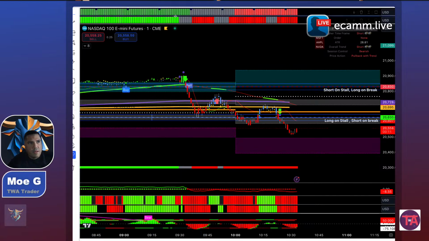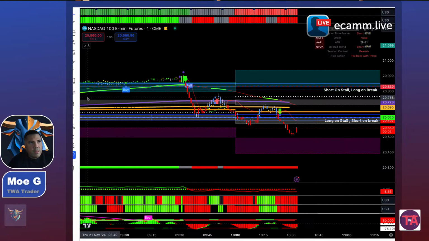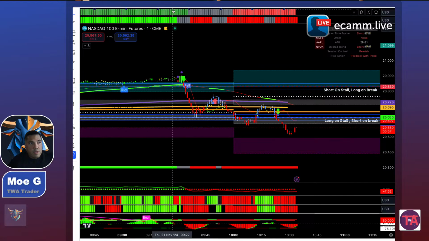This is the IVD, the initial volume distribution. I use these for probability and direction. So this is green, but when this clicks off, and the background to the IVD clicks off, that's usually an indication that we could go the other way. Nothing here is 100%, it's just probability.